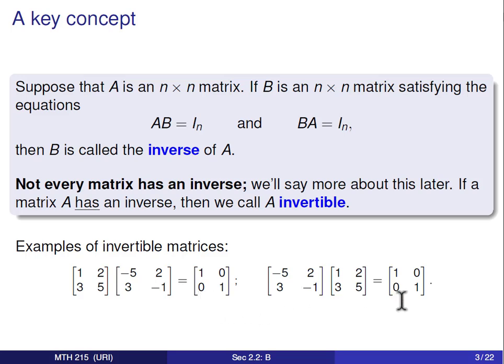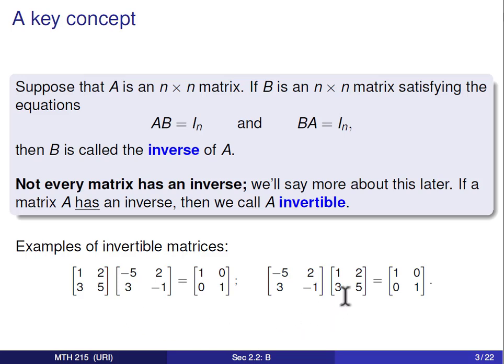Hopefully you can take a few seconds and verify that that's true. But what that means is that negative 5, 2, 3, negative 1 is the inverse of the matrix 1, 2, 3, 5. Now if you switch the roles of A and B, you'll see that actually 1, 2, 3, 5 is the inverse of the matrix negative 5, 2, 3, negative 1.